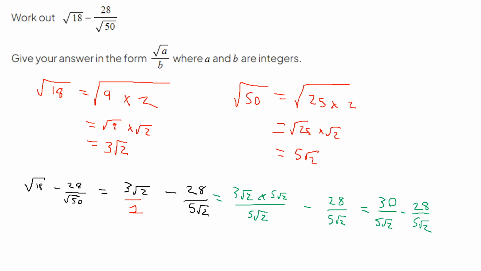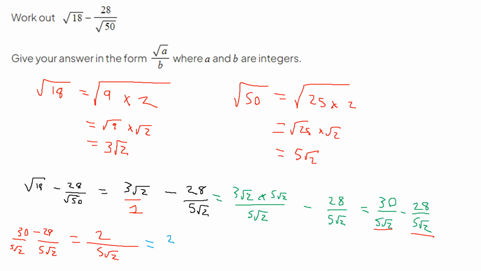And now because our denominators are the same, we can subtract 28 from 30. I'm going to go over here just to have more space. So 30 minus 28 over 5 root 2 is the same as 2 over 5 root 2. And now because we have a surd on the bottom, we're going to have to rationalize the denominator.